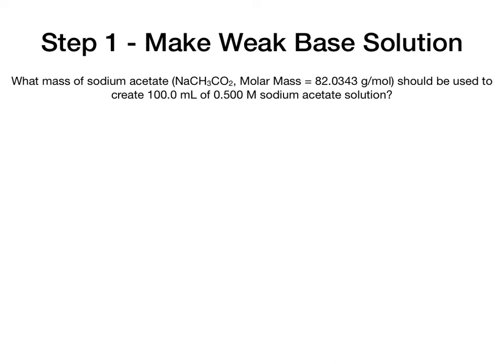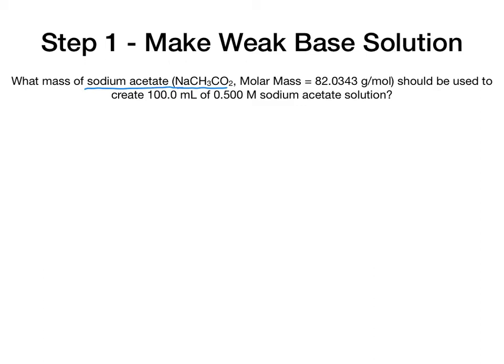So the first piece of any titration is that you have to make the solution of the thing that you want to learn about. And in this example, we are going to use sodium acetate.